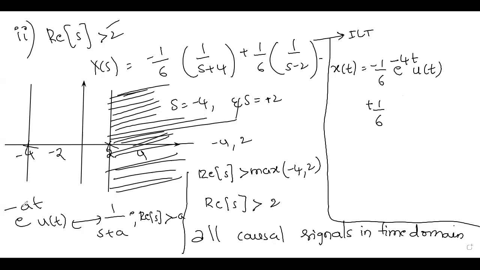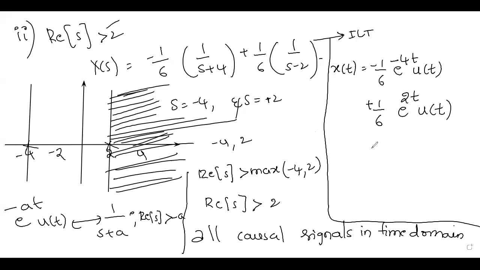So in place of a we take minus 2, and this is e power plus 2t into u of t. This is the corresponding inverse Laplace transform in this case. All causal signal combinations, that's it.